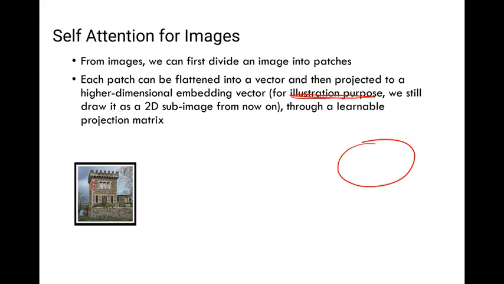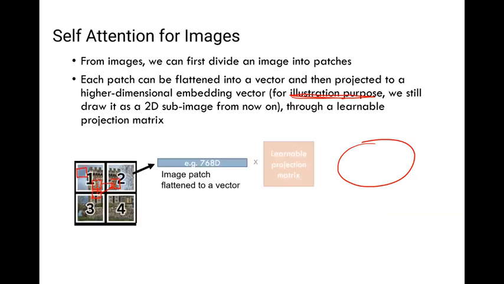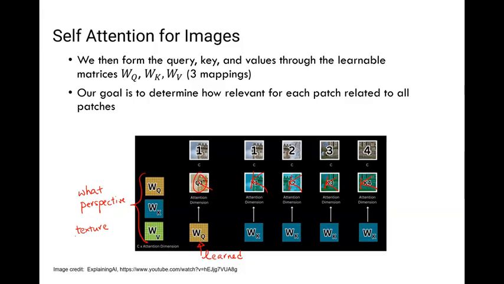If you have a subpatch over here and over here, the texture may be highly associated compared to the sky patch, right? You can also have a perspective looking at color, or even the semantic meaning, or other kinds of features.